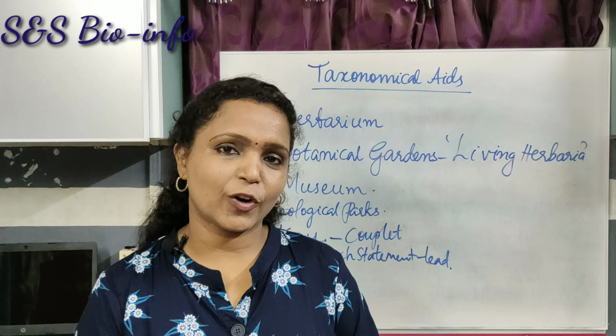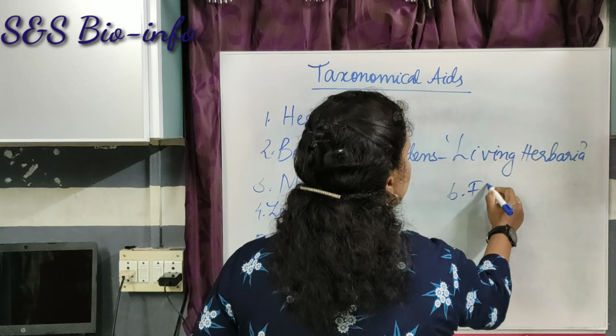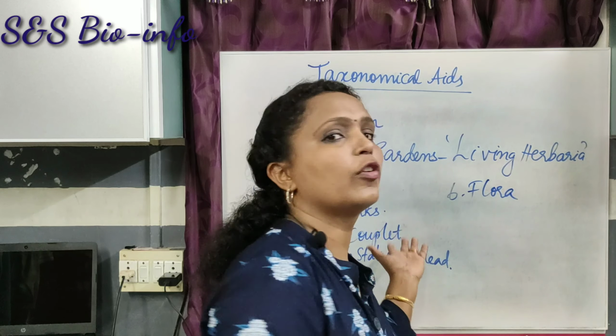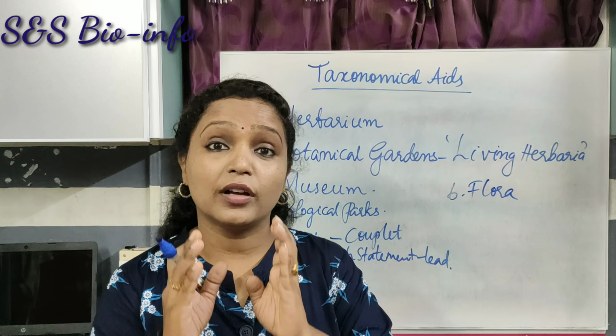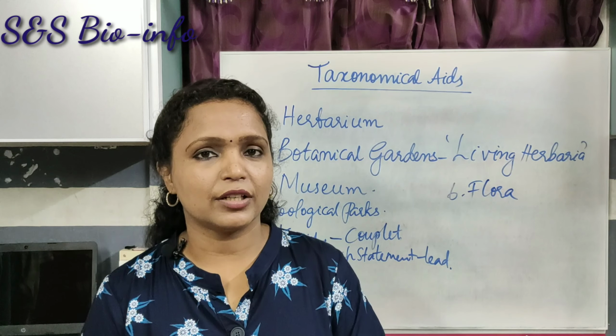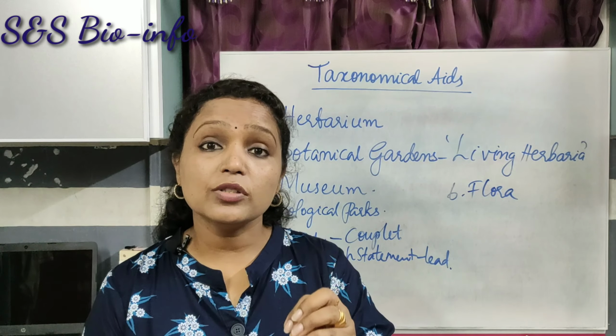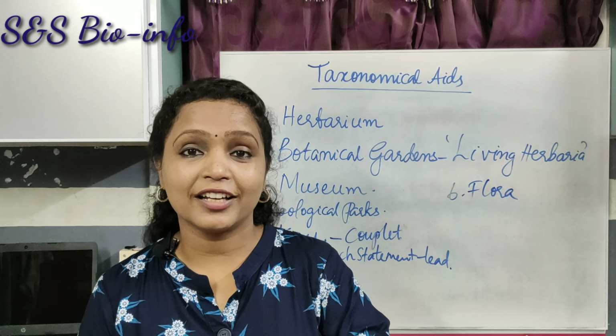The next taxonomic aid is Flora. Flora means plant species, am I right? So it gives the actual account of the plant species that are found in the particular area. And also it provides the index of the plant species in that particular area.